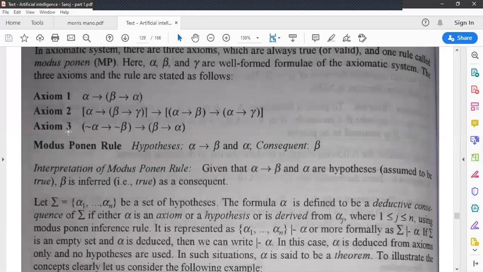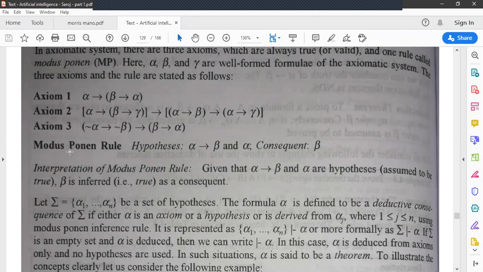And axiom 3, in this you have not alpha implies not beta further implies beta implies alpha. And the deduction rule is called the Modus Ponens rule.